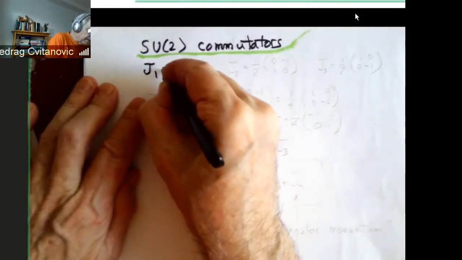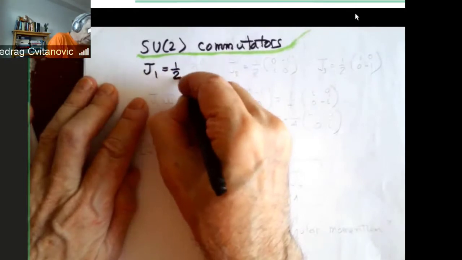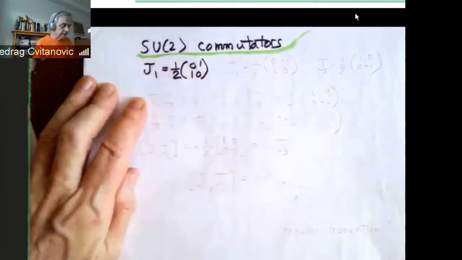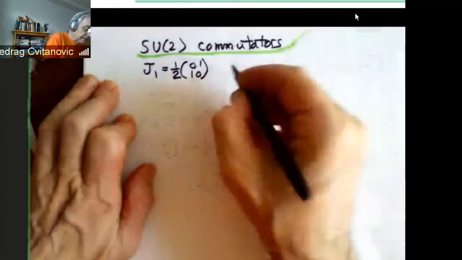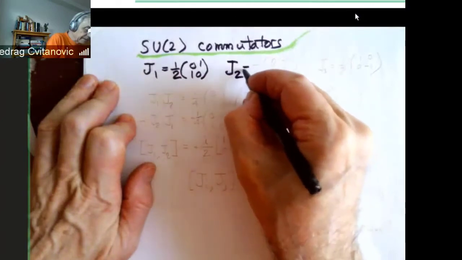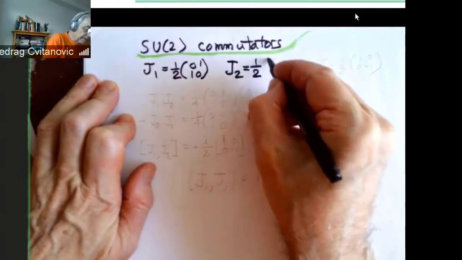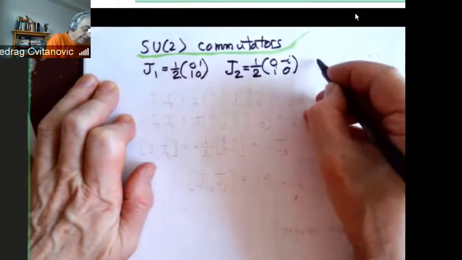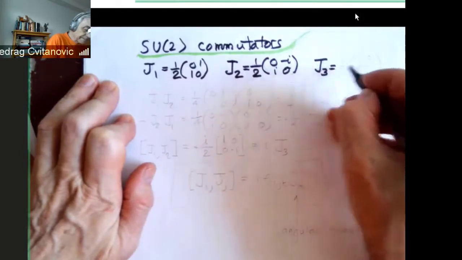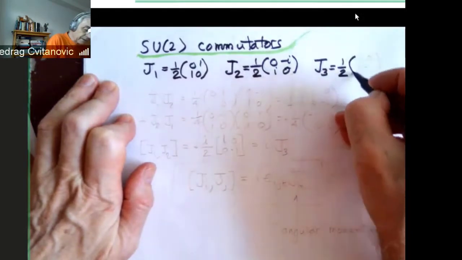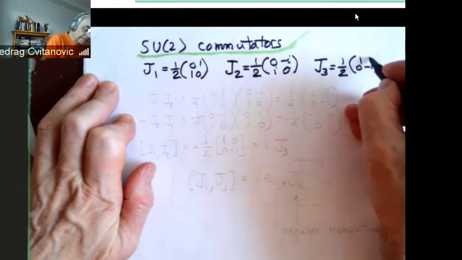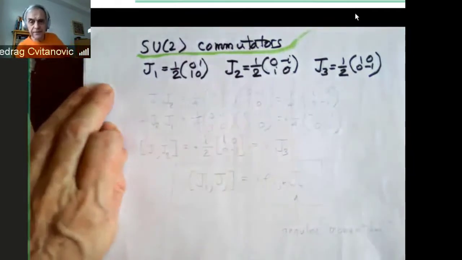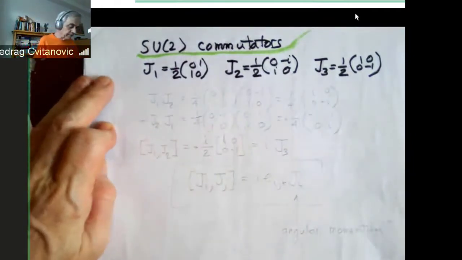So the first one is defined to be 1/2 the Pauli matrix associated with the first or x-axis. The second one is defined to be 1/2 the one associated with the y-axis. The third one, the one that happens to be diagonal, is associated with the z-axis. And you'll see in a moment why these factors of 1/2 are conventionally inserted.